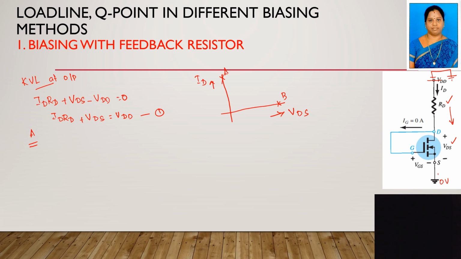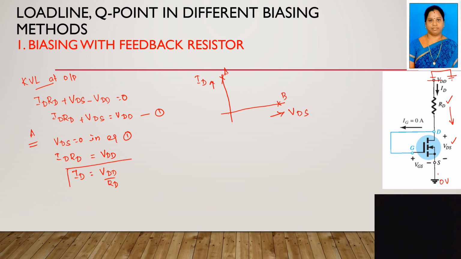At point A, the VDS is 0. So if I apply VDS equal to 0 in equation 1, you will get ID into RD equal to VDD. Thereby, ID equal to VDD by RD.